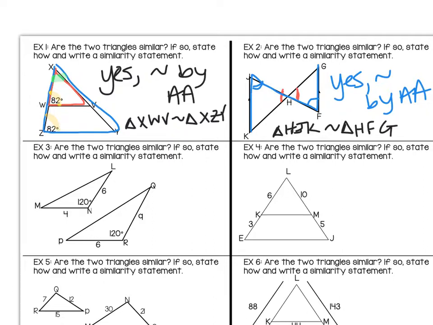All right, looking at the next one, I see I have my included angle. So now I'm going to check and see if the sides are proportional. And I'm going to do it with reducing fractions, but you could also type these fractions into a calculator and see if you get the same decimal. So what I suggest doing is seeing if your short side over your short side equals long side over long side.